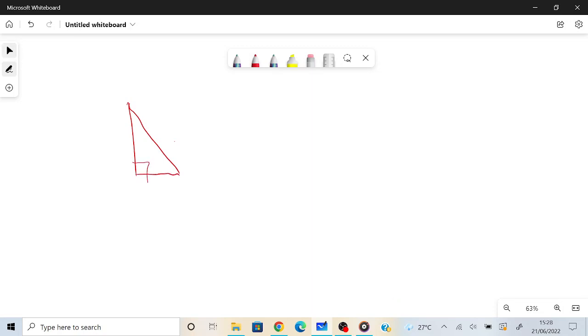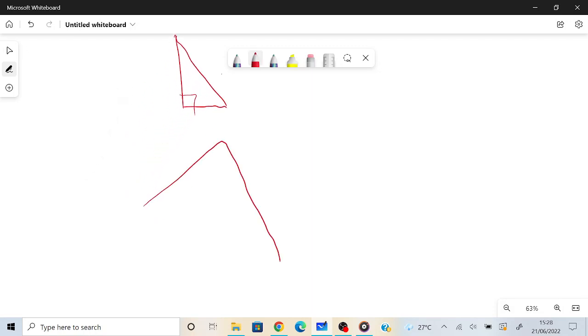But a non-right angled triangle would look something like this per se. It's not the best drawing, but it is a rough sketch. You can see that none of the angles are at right angles and they all are probably of different values.